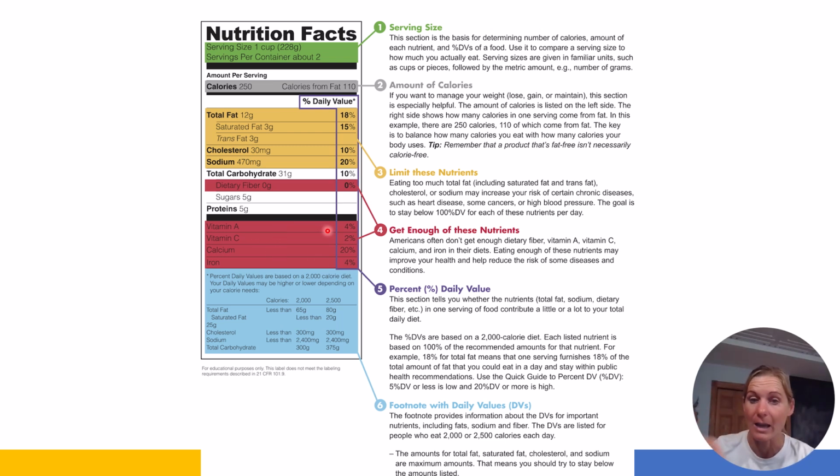And these we want to have a high amount of. Here you can see you got 20% of your calcium in that serving. So that was good. And then down below, it has a footnote about those daily values as it relates to a 2,000 calorie diet or a 2,500 calorie diet based on what your needs might be.